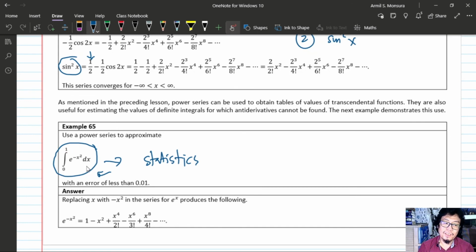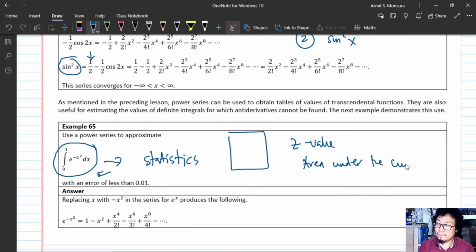What statisticians did was to create a table of statistical values. If you were able to study statistics before, the Z value, areas under the curve, sorry, areas under the normal distribution curve, that's the correct name for that.